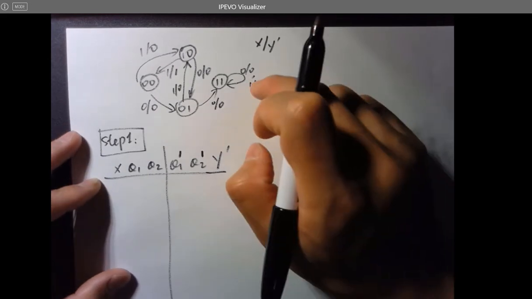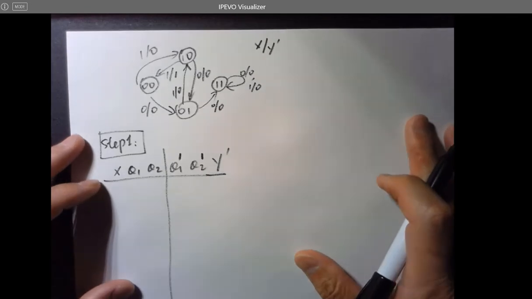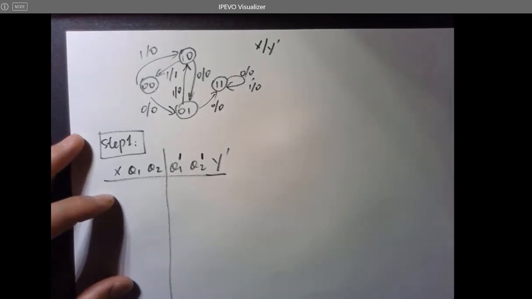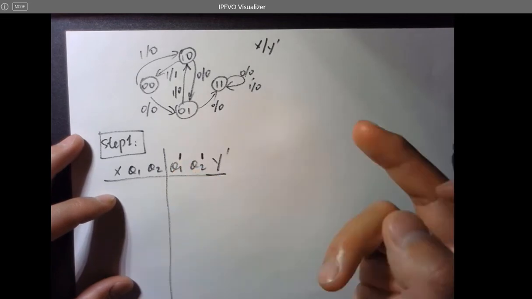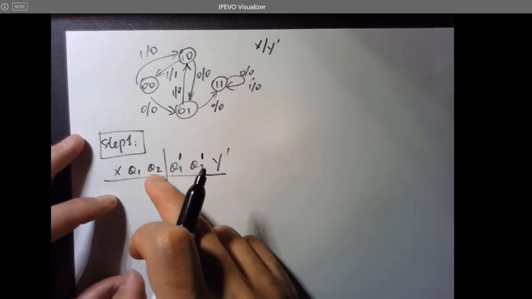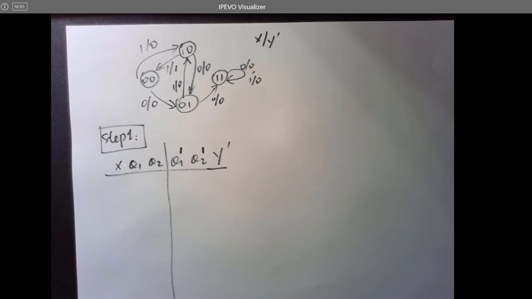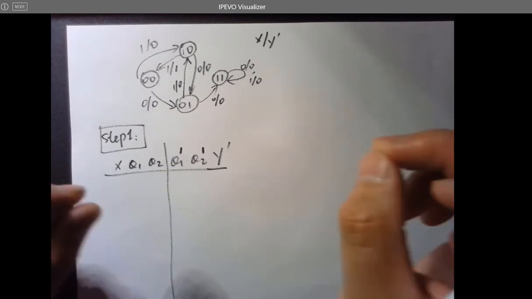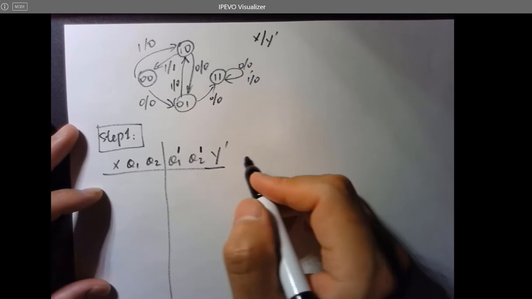Because we only have Y prime over here, we don't have Y. But they satisfy the same logic, because Y prime is a function of Q1 prime, Q2 prime, and Y is a function of Q1 and Q2. Physically, Q1 is the same wire as Q1 prime in the circuit. It's just the next state, just expanded in the time domain. They are the same wire. Okay, no problem at all.